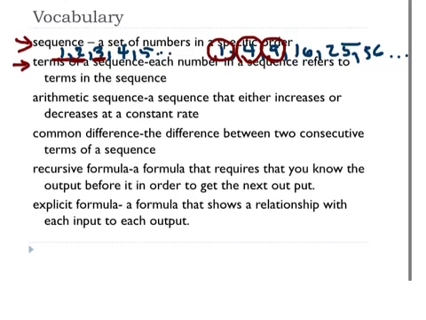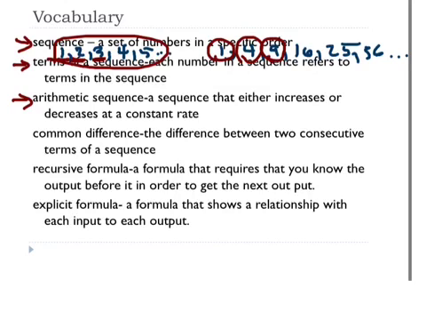So we've talked about sequence and terms. There's a specific type of sequence that we're going to talk about in this section, which is called an arithmetic sequence. It's a sequence that either increases or decreases at a constant rate. The first sequence that we have up here is an arithmetic sequence because it increases at a constant rate. The rate here being pretty obviously just 1.